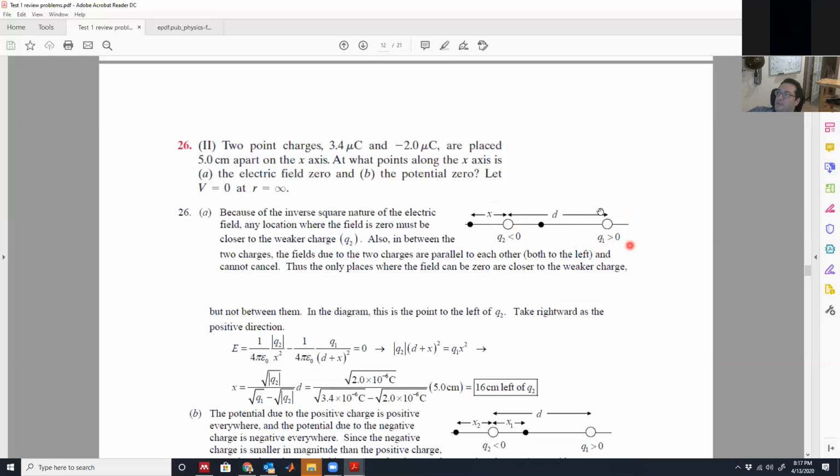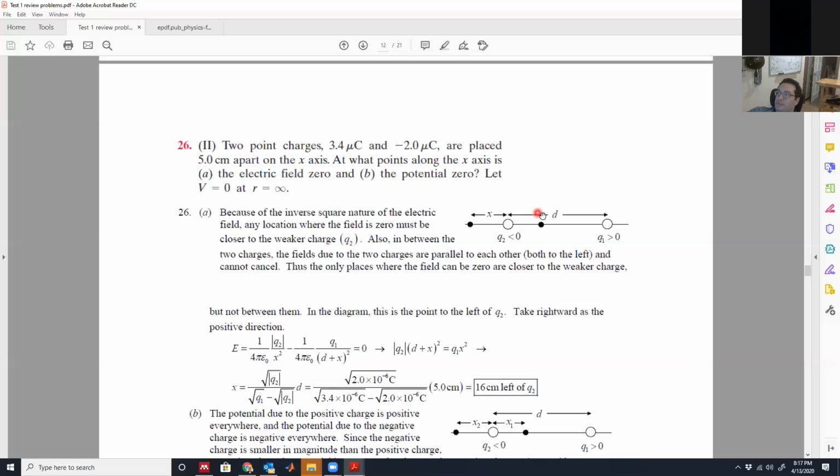Because this has a higher Q, and it's also always sitting closer to the test charge. So the zero field can't be on this side. It has to be on this side, because this is the smaller charge than this larger one. So all we have to do is bring that point charge closer to this to compensate for the fact that this is a smaller charge. Does everybody see that?